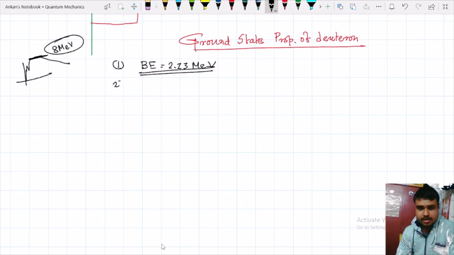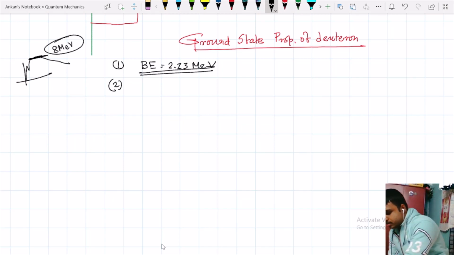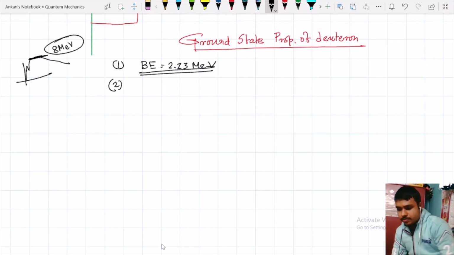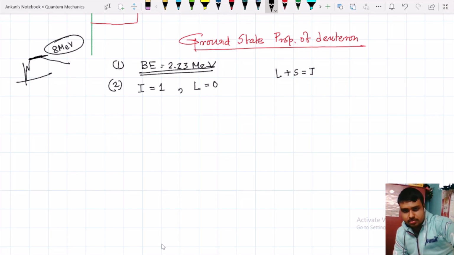The next one is that the total angular momentum of the deuteron is observed to be 1, and the orbital angular momentum is observed to be 0, and we know that L plus S is equal to I. The total angular momentum is taken as I. Please take the vector sign. S1 is half for the proton and S2 is also half for the neutron.